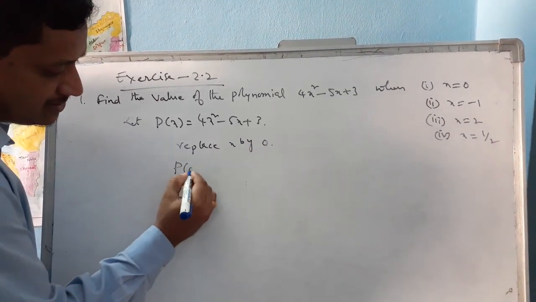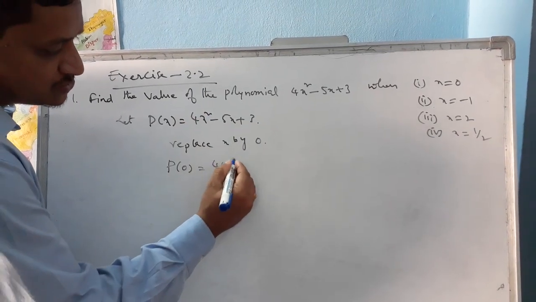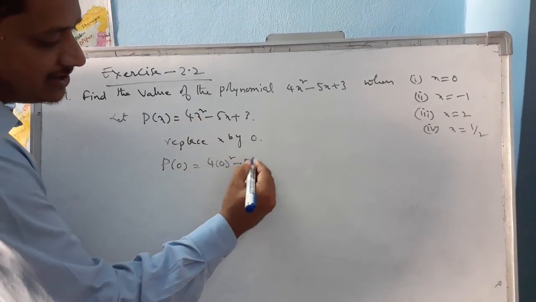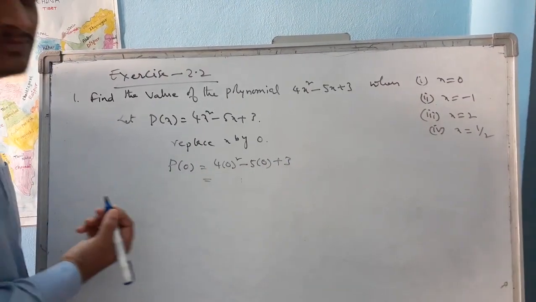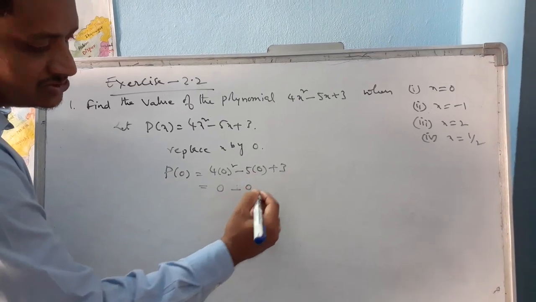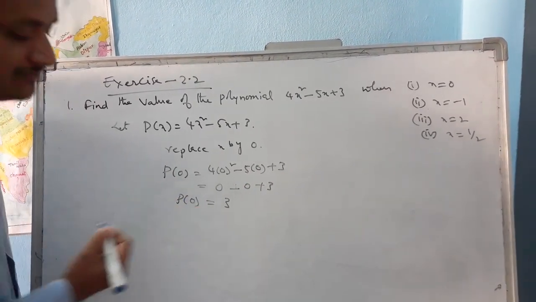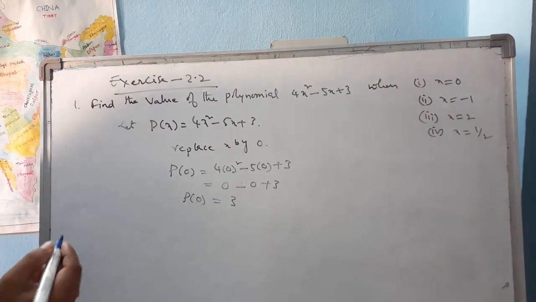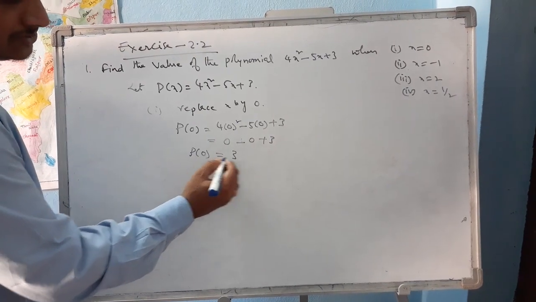So p of 0 is 4 into 0 square minus 5 into 0 plus 3. 0 square means 0, 0 into something is 0, minus 5 into 0 is 0, plus 3 is equal to 3. So p of 0 is equal to 3.